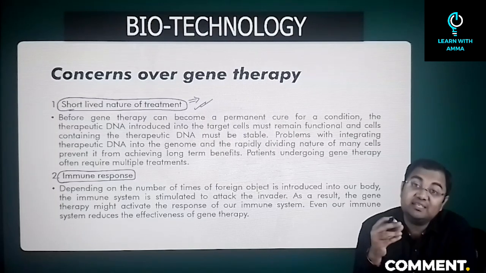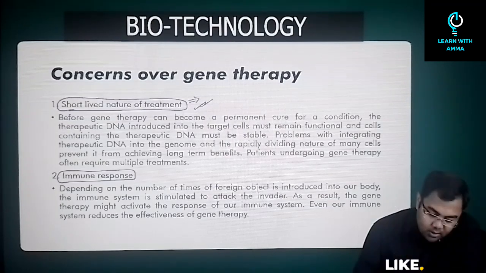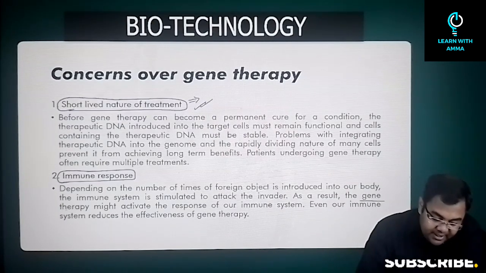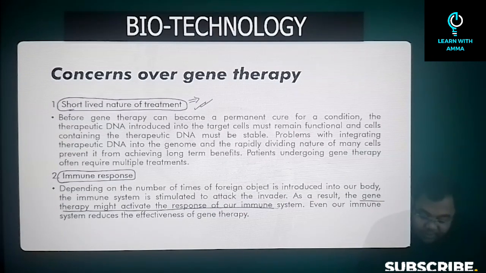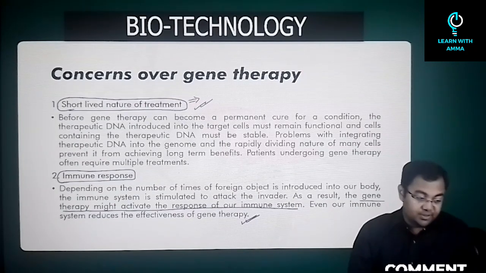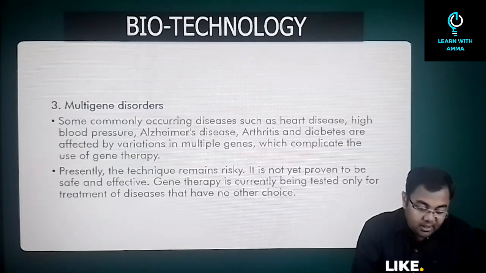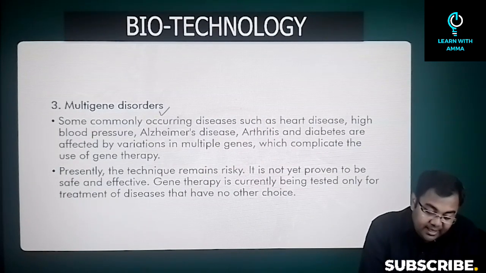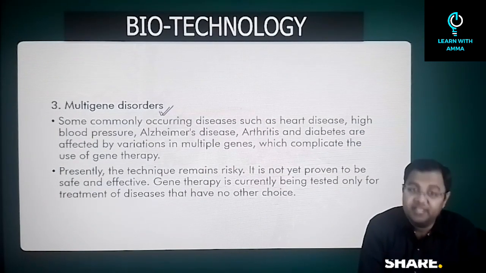So ultimately the gene therapy does not work in such a case. So the gene therapy might activate the response of our immune system, and our immune system reduces the effectiveness of gene therapy. Alright, so this is another problem that may happen. Apart from that, many of the disorders are multi-gene disorders.